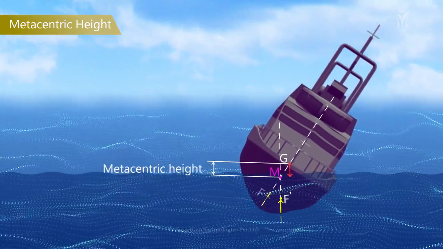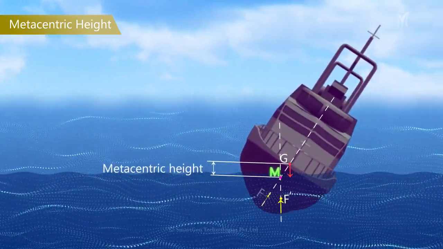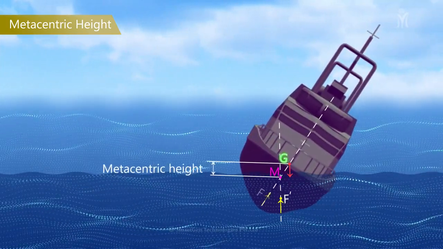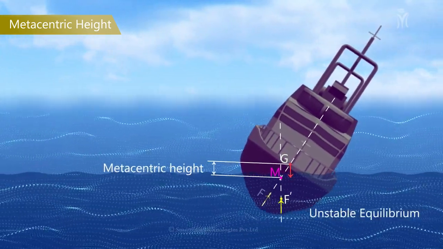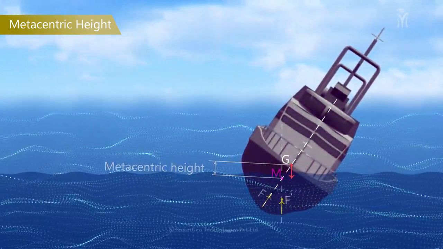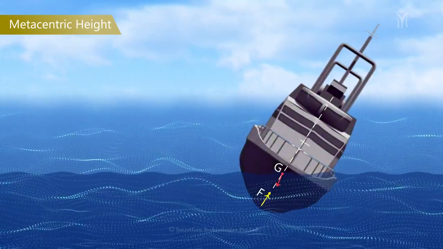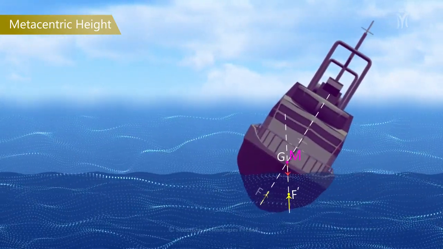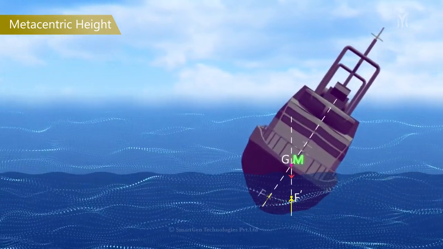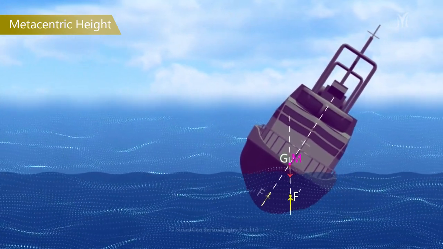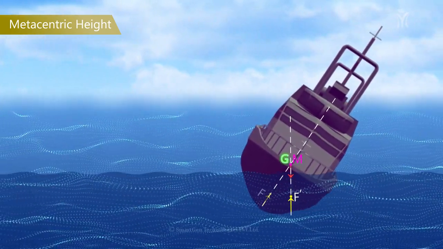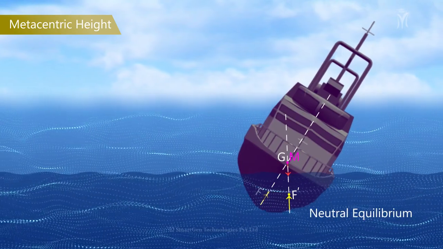And when the metacenter is below the center of gravity, the body is said to be in unstable equilibrium. And also, when the metacenter coincides with the center of gravity, it is said to be in a state of neutral equilibrium.